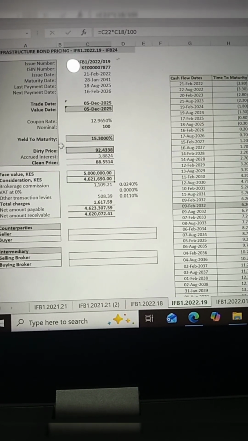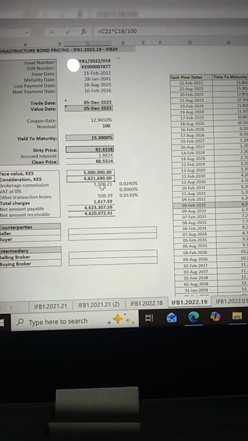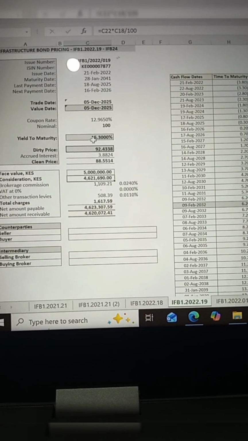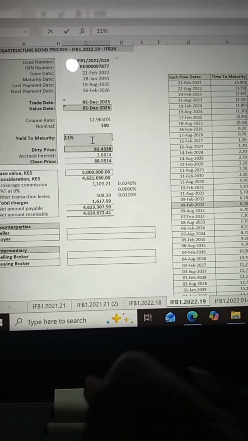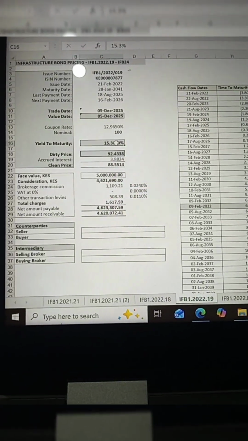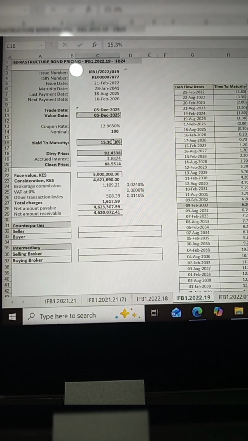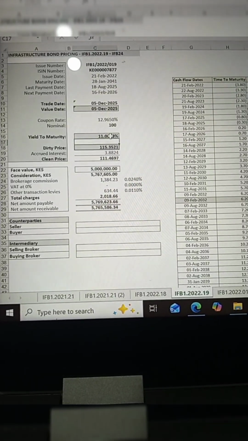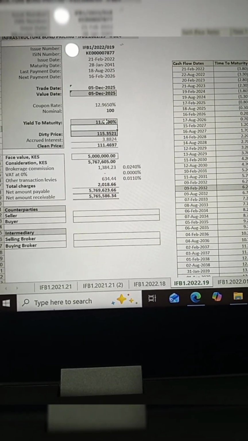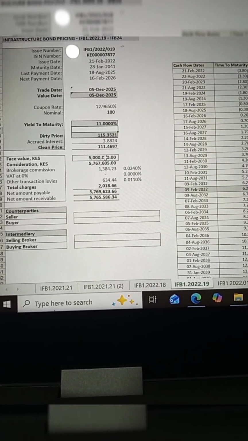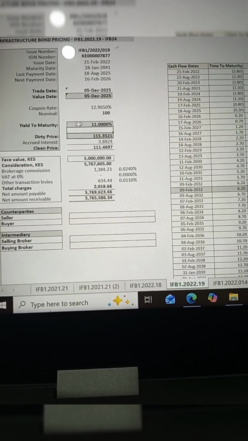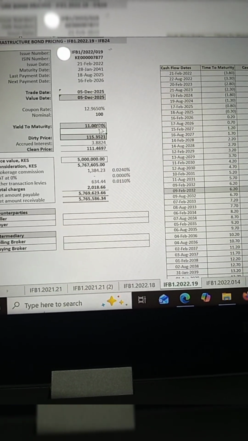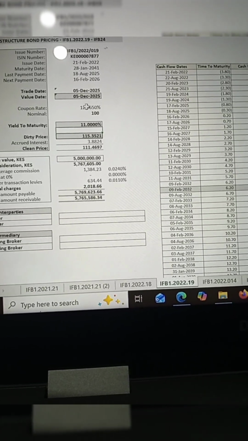Now let's look at how the yield affects this. Let's look at when the yield goes down to, say, 11%. So let's assume the bond is at 11% yield. When the yield goes to 11%, this means the yield is lower, representing the prevailing market rates, which are lower than what the bond is giving.